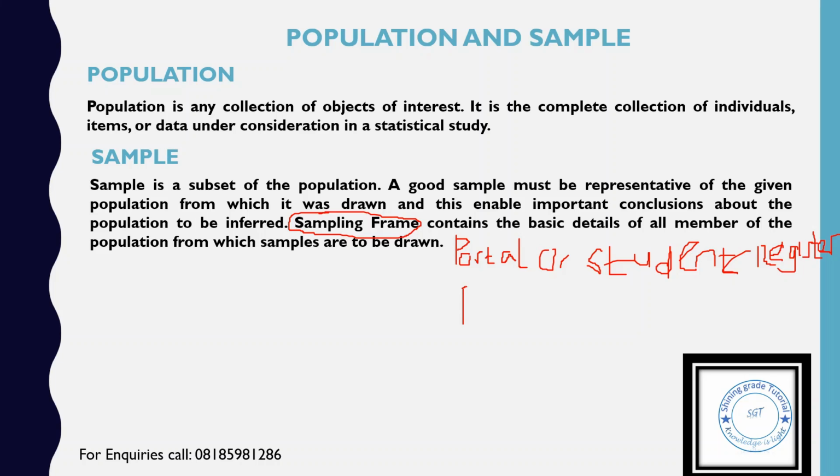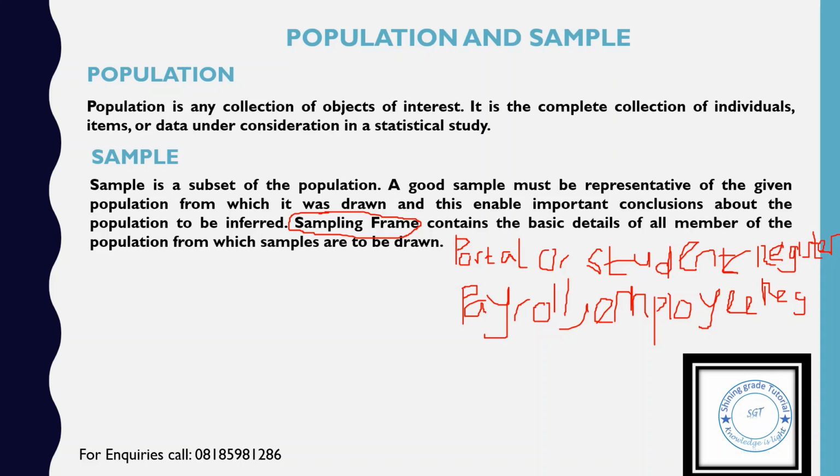Maybe you want to study the employee salary scale; the payroll will give the information about each employee. Or you talk about the employee register or lists, which can give you the basic information about the members, and that will enable you to easily draw your sample. All of these are simply our sample frame. So I think you understand that better.